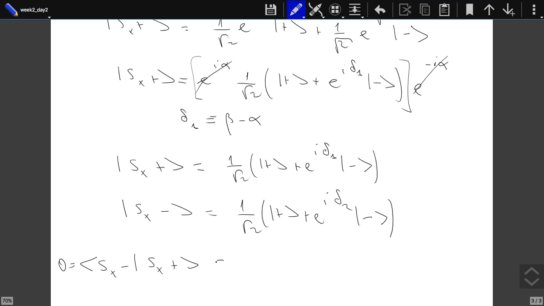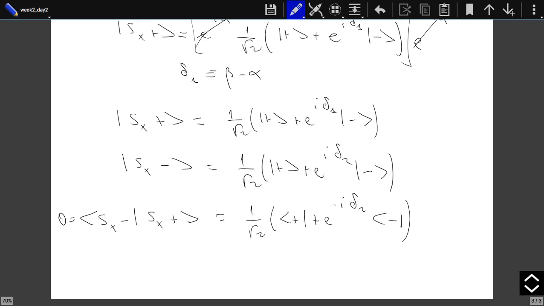So let's just calculate this inner product. Well, the Sx minus bra is 1 over square root of 2 plus, plus e to the power minus i delta 2 minus, times 1 over square root of 2 plus, plus e to the power i delta 1 minus.